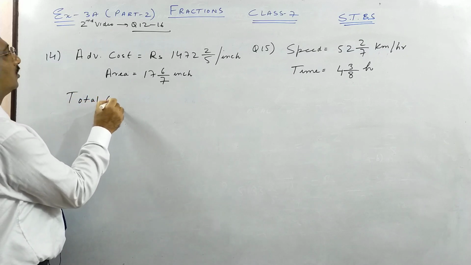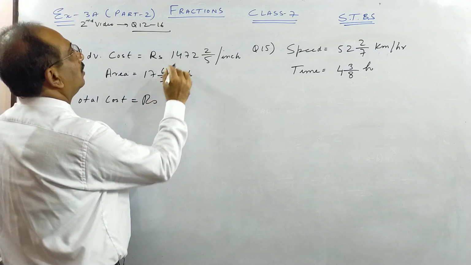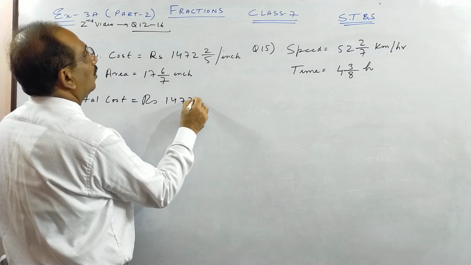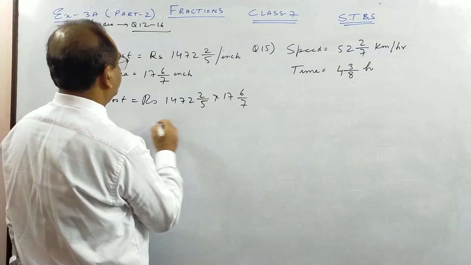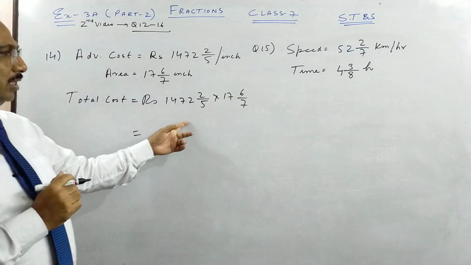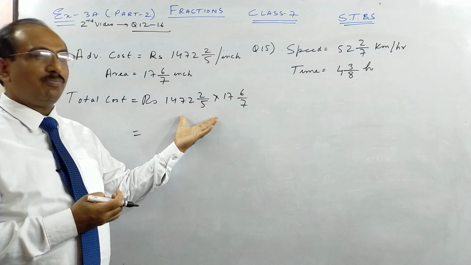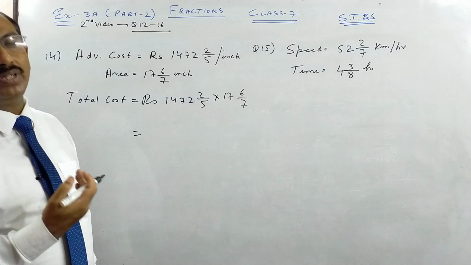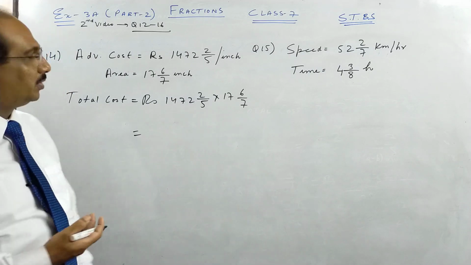The total cost will be rupees this into 17 6 by 7. When you multiply, again what I am seeing in these few sums is that the multiplication and division are a little bigger, which will take time. These are problem sums with bigger numerical values.